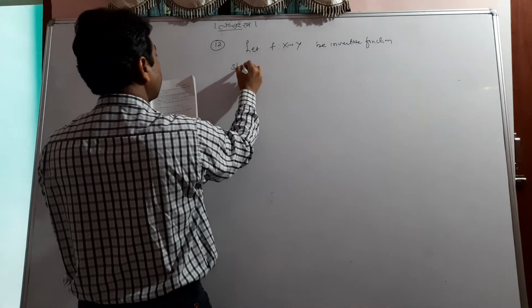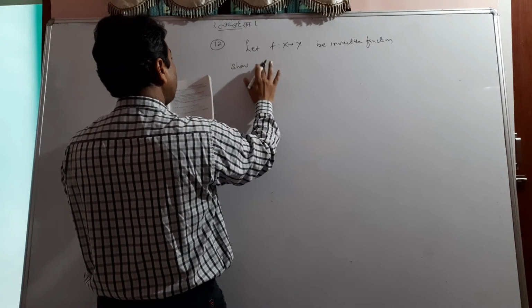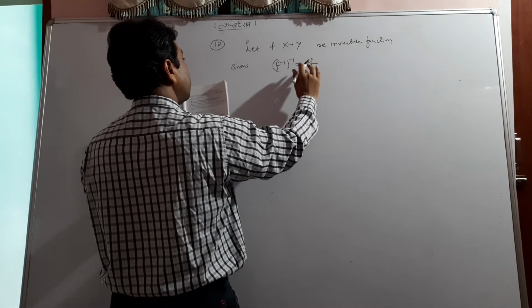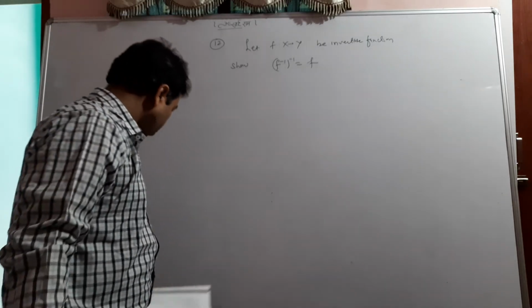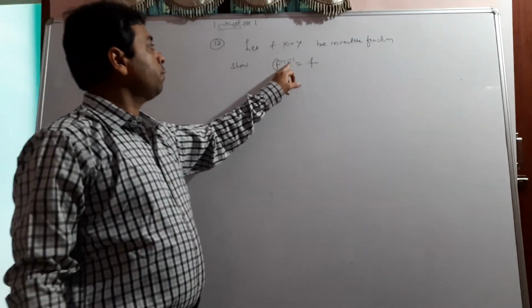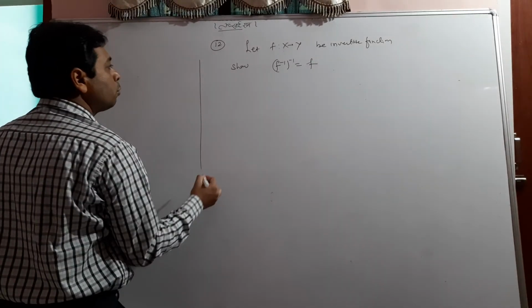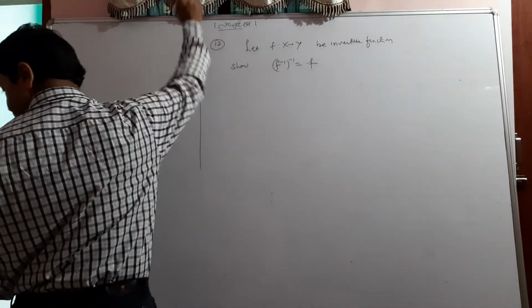Show that the inverse of the inverse is equal to the function itself. It is written in a book. The inverse of the inverse of a function is equal to the function itself.